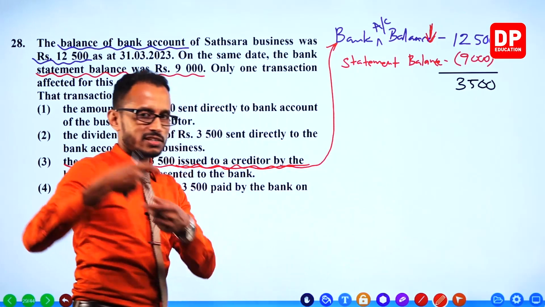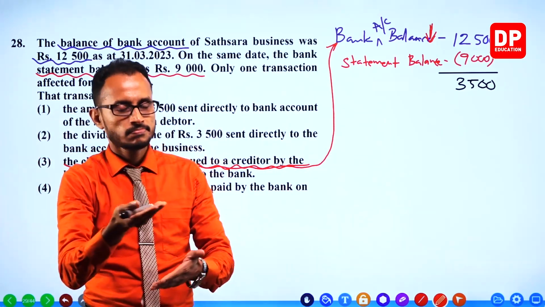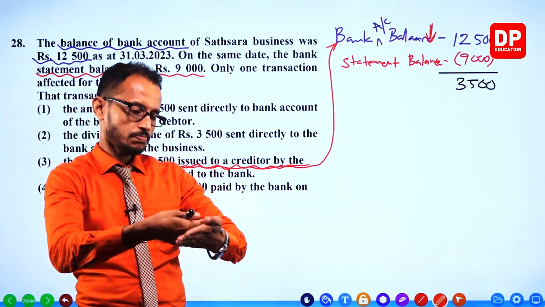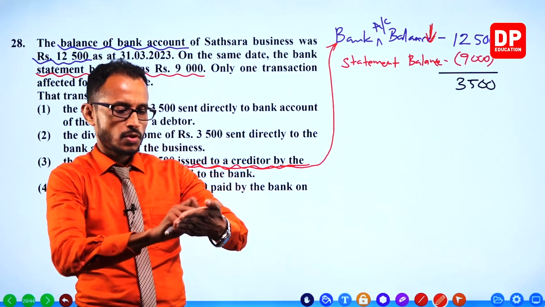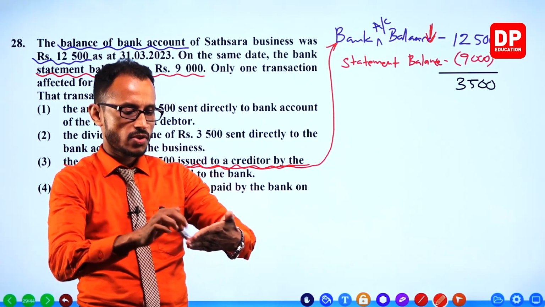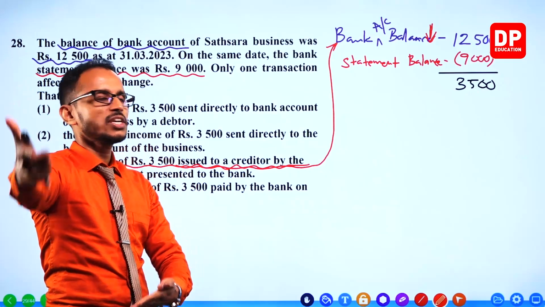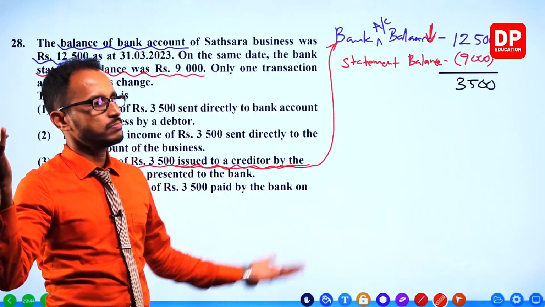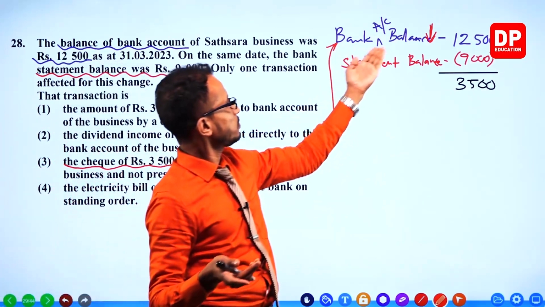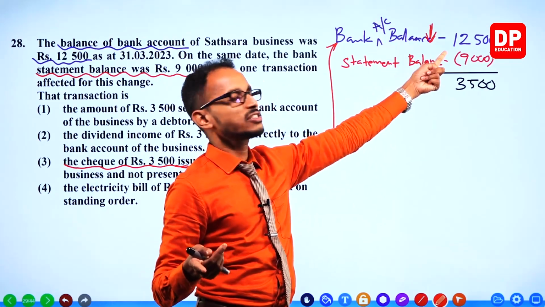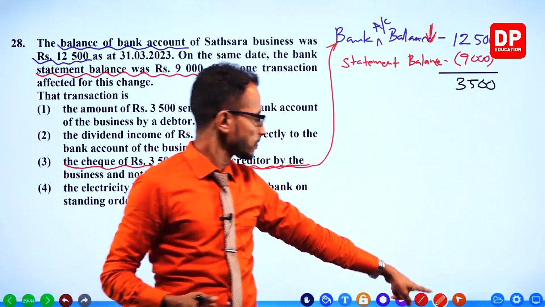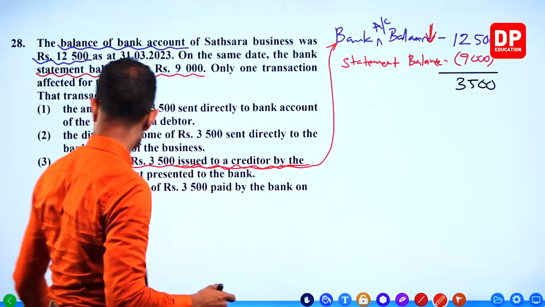We take a check, write it to a creditor, give the check, and we credit the bank account, so our bank account balance should be lower. Again, that's not the case.